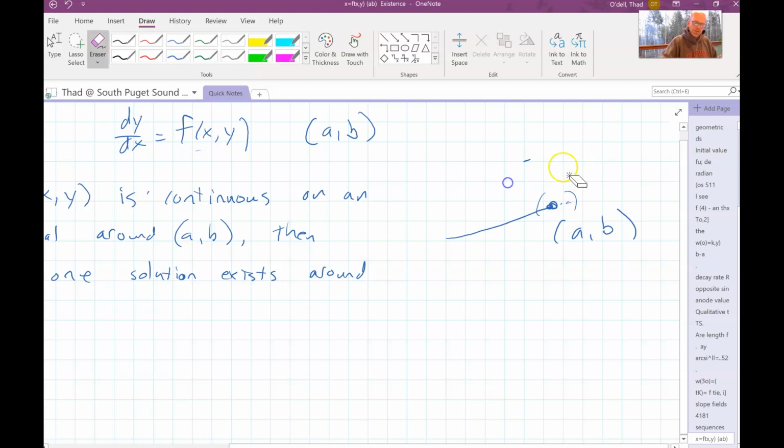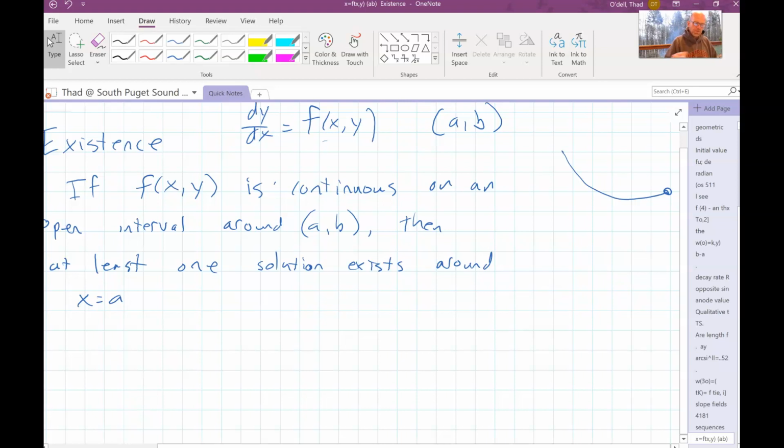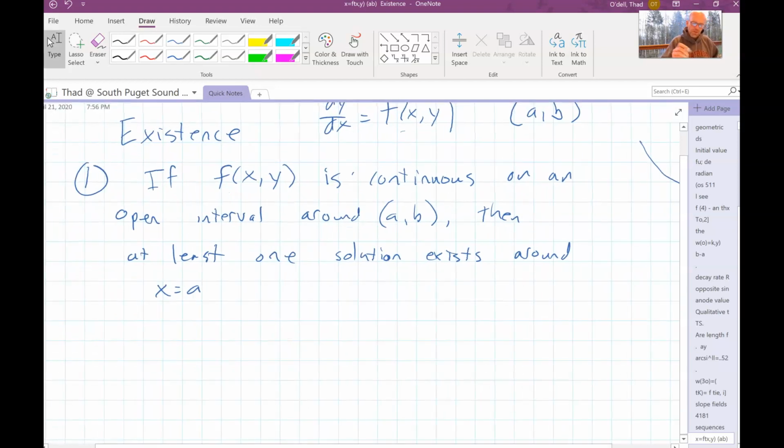So essentially what the open interval does is eliminate the possibility of a cusp or an endpoint. If this function just comes up and ends at (a, b), then it does not fit the requirements of this theorem. So if it is continuous on that open interval, then at least one solution exists around x equals a.